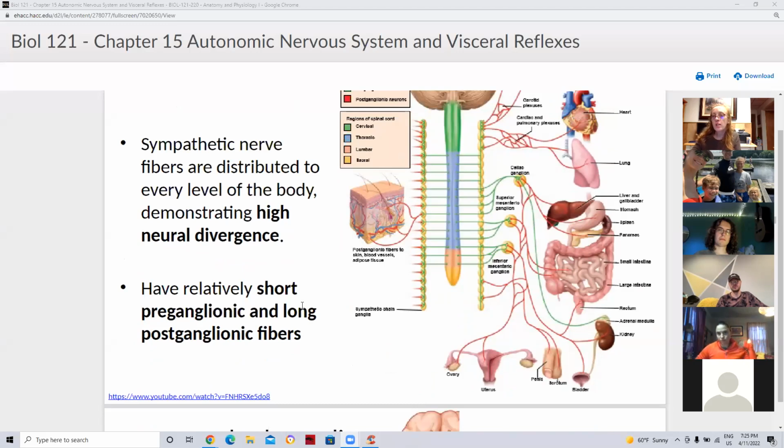They have short preganglionic fibers and long postganglionic fibers. So yes, some of this will be a review of what I just said, but just humor me for right now.